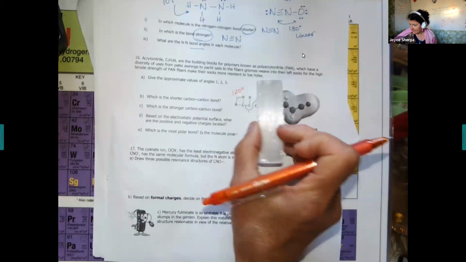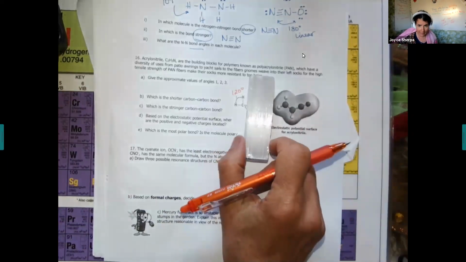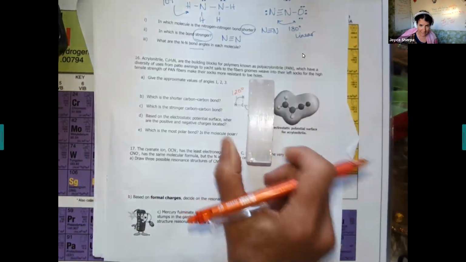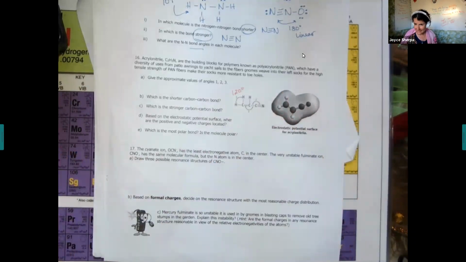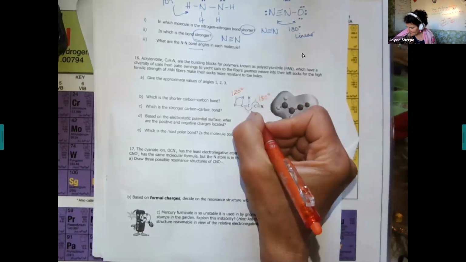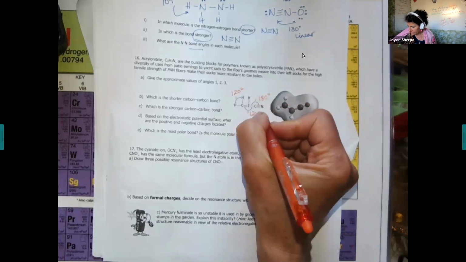That carbon has 3 things around it. 109, the tetrahedral, is only going to happen if the carbon has 4 single bonds. So that doesn't happen. This number 2 is 180 degrees, and then this number 3 is 120 degrees.